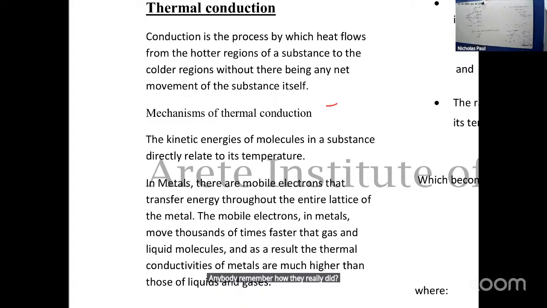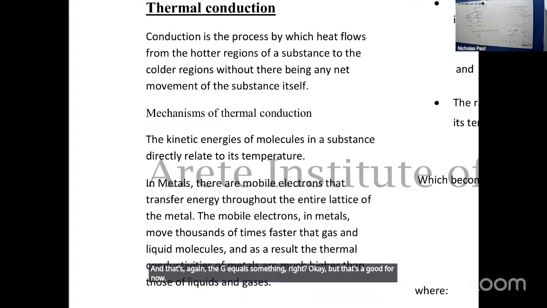Kinetic energy and temperature, how are they related? Directly or inversely? Directly, right? If you increase temperature, you will increase kinetic energy. We are going to prove this later on. So Monday, we are actually going to prove this relationship. Kinetic energy equals something, I'll keep it a secret for now.